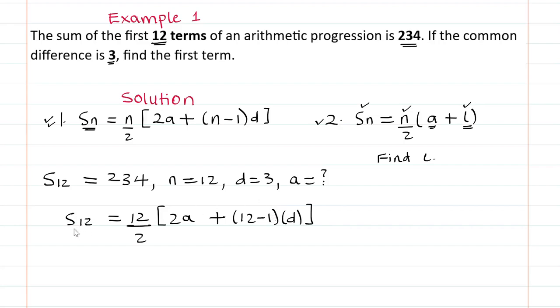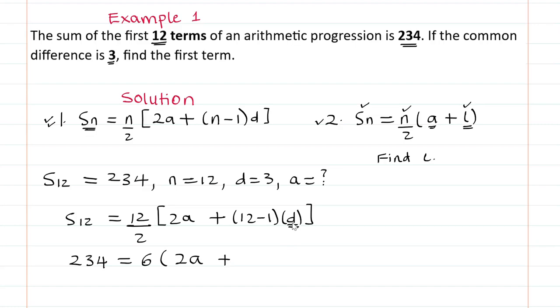But what is the sum of the first 12 terms? It is 234. So instead of S12 here, we put 234 being equal to 12 divided by 2, we get 6, into 2a, because we are looking for a, plus... I've realized here I was supposed to substitute for d.